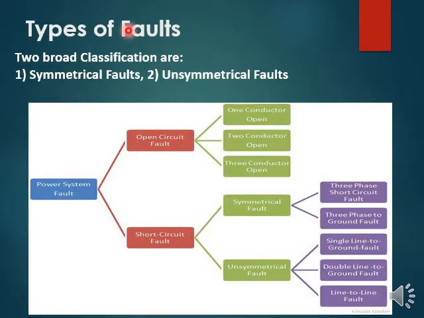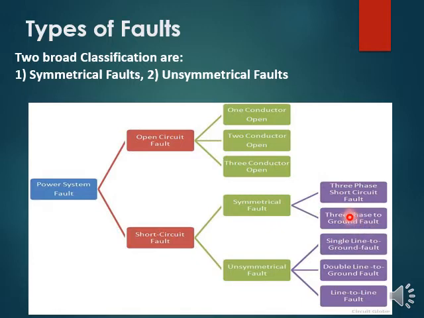Now, which are the types of faults? There are two broad classifications: symmetrical fault and unsymmetrical fault. Power system faults consist of open circuit and short circuit. Under short circuit faults we have symmetrical and unsymmetrical faults. Symmetrical faults include the three-phase short circuit fault and the three-phase to ground fault.